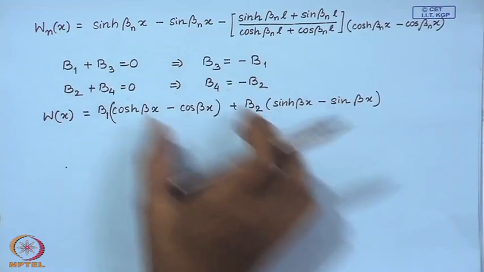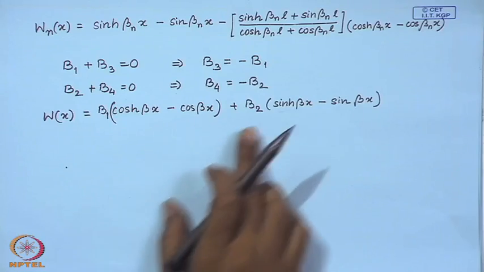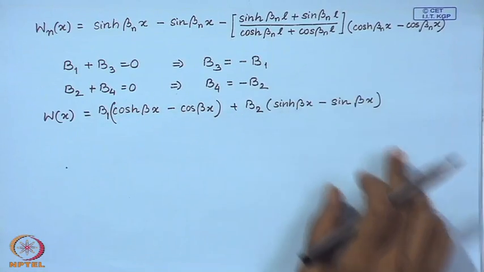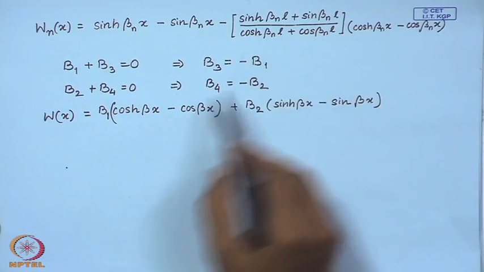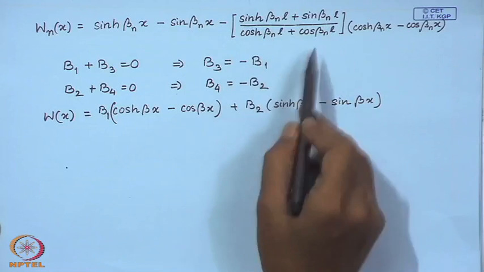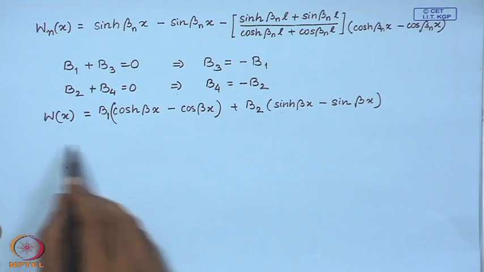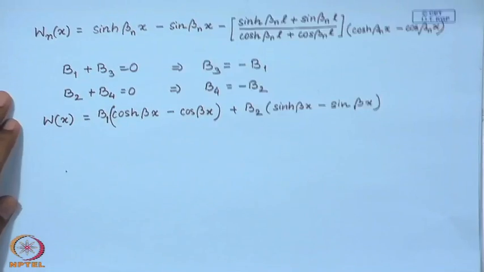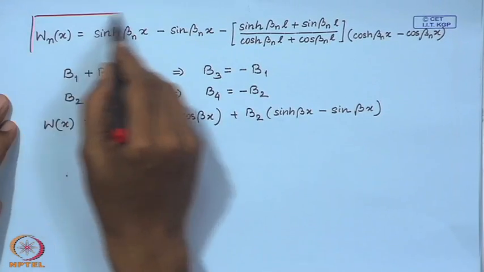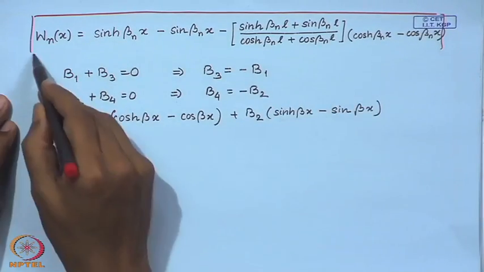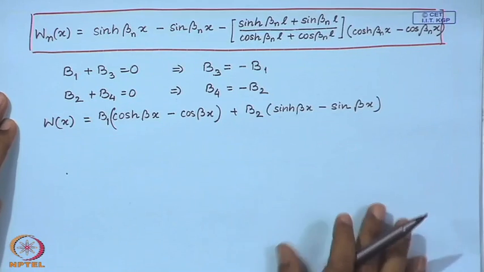This term appears here. So, we have considered b 2 as 1, and at x equal to L we have used the boundary condition to obtain this factor b 1. So, these are the eigen functions.